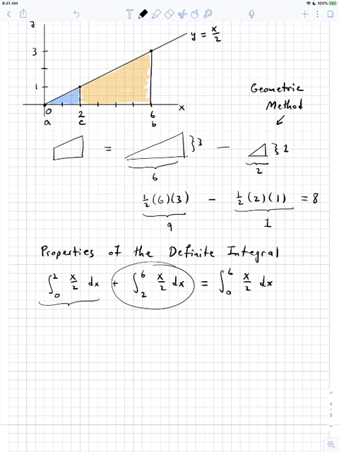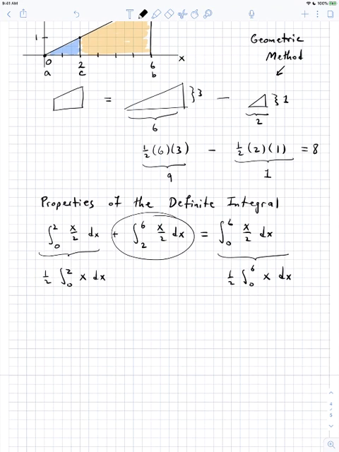What about this first one here? Well, the first one is 1/2 times the integral from 0 to 2 of x dx. And the last one is 1/2 the integral from 0 to 6 of x dx. So let's look at our first integral from 0 to 2.